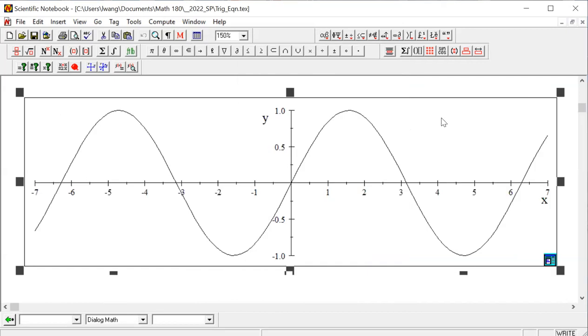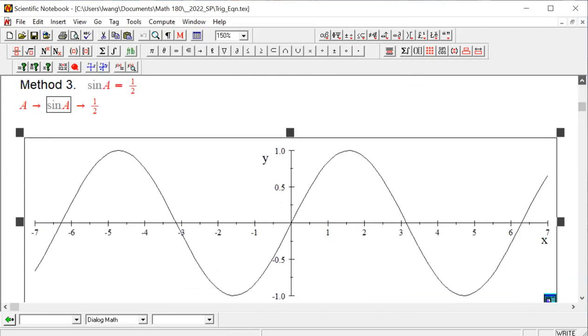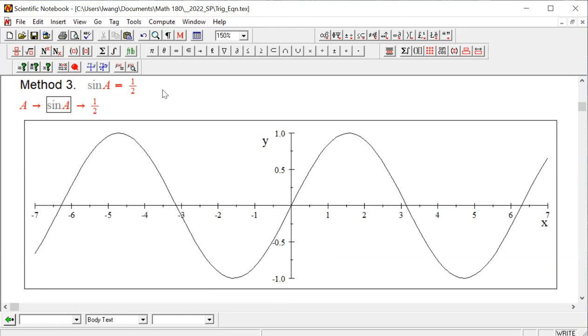So when we know the output, what do we do? We draw a horizontal line. What is that horizontal line? That horizontal line, of course, is y equals half, because we know the output.